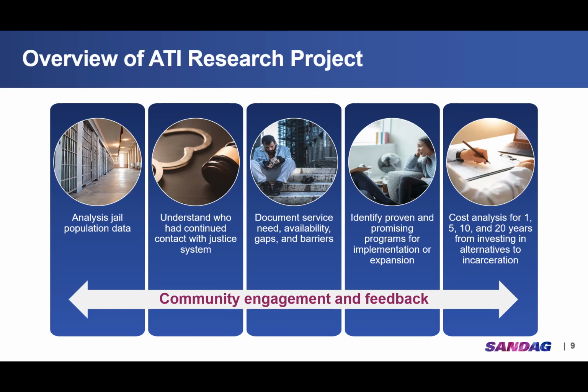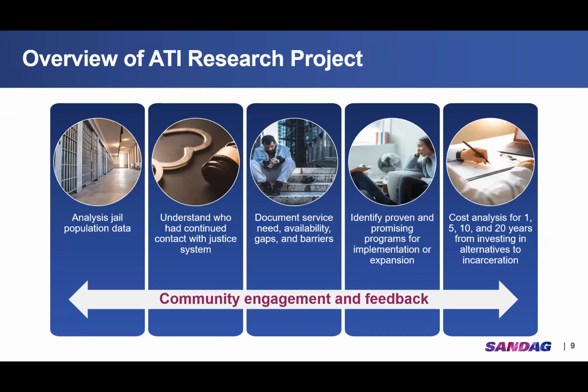Understanding who's had contact with the justice system, we compiled data from ARGIS and are also linking that with our data from the county to understand those who could have been booked previously to these changes in policies for low-level offenses such as disorderly conduct or some minor drug offenses. What was their ongoing contact with the system up to a year after that period of time they could have been booked into jail? We are looking at service needs, availability, gaps, and barriers from probation data, as well as from a community survey that we recently finished.